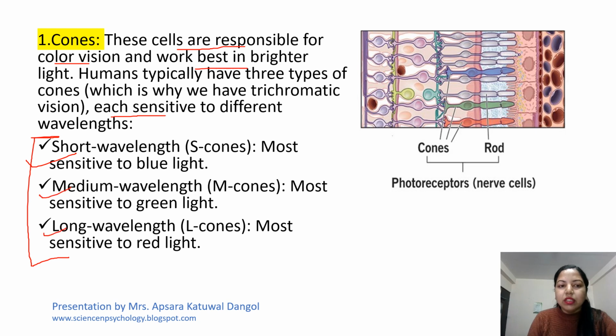The short wavelength S cone is most sensitive to blue light, the medium wavelength M cone is most sensitive to green light, and the long wavelength L cones are most sensitive to red light. Here you can see in the figure the blue, which is short wavelength, this is medium wavelength, the green, and the third one is red, which is the L cones.